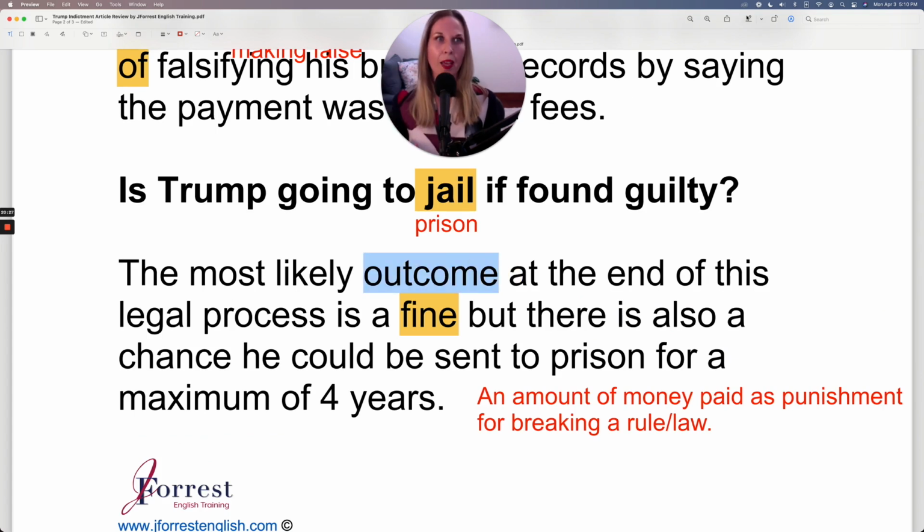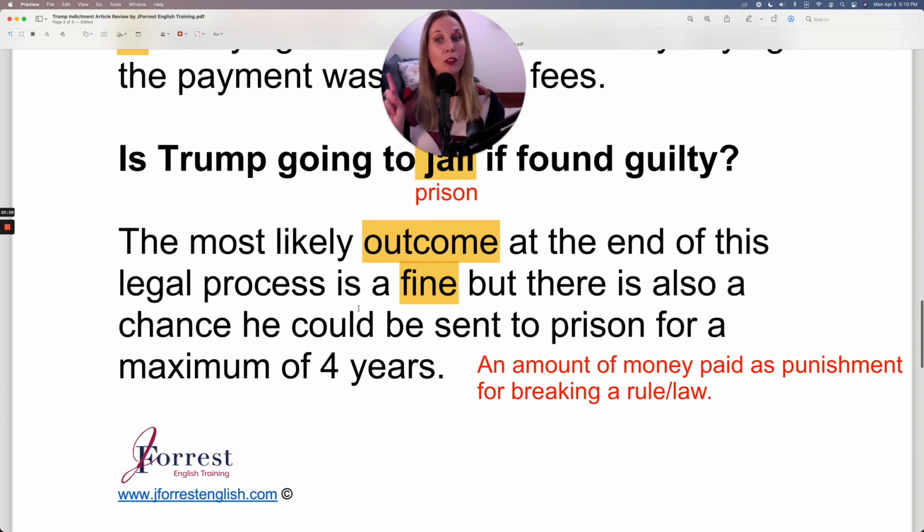What will happen? He'll have to pay a fine, but there is also a chance he could be sent to prison. So we're using the verb sent, but you could also just change this with the verb go. He could go to prison. Instead of be sent, he could go to prison. When you're sent to prison, it just really emphasizes that it's not in your control, that it's not your choice.